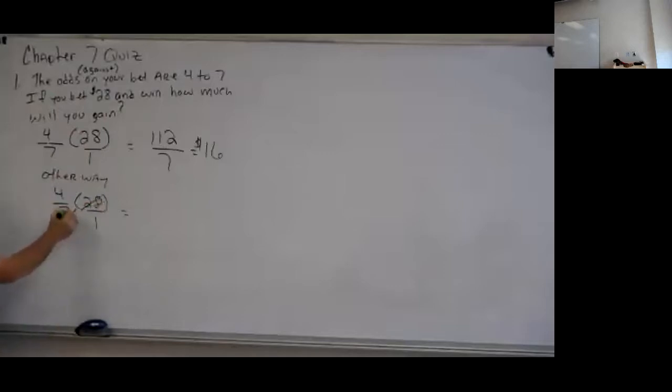So 7 goes into 7 one time, 7 goes into 28, 4. And then when you multiply that, you got what, 4 times 4, which will still give me my 16, okay? So $16. So then we would actually just type it in the blank as a 16, okay?